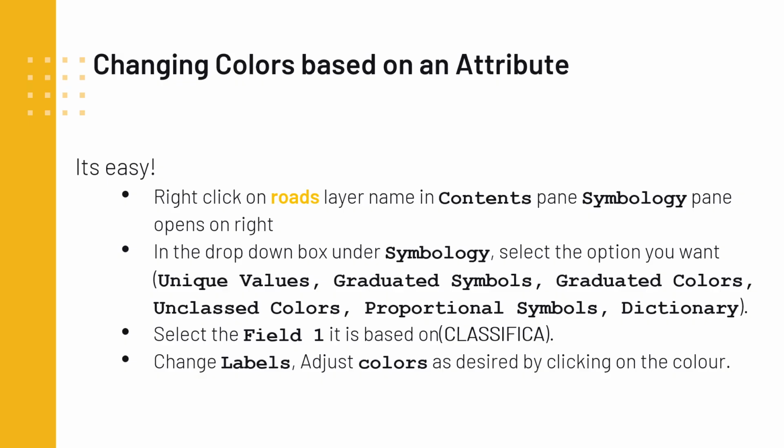We're going to choose Unique Values. Under Field 1, we're going to enter Classification, which is the field that contained our classification information. So again, the unique value will be the unique value in which field. In our case, it's going to be classification. Then we can change the labels and adjust colors to be what we desire them to appear on our map.